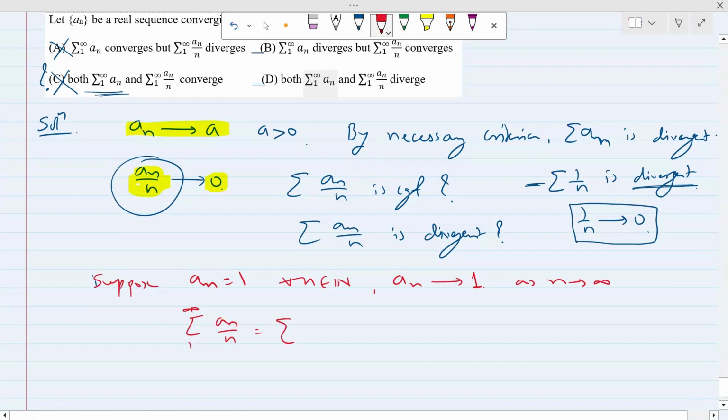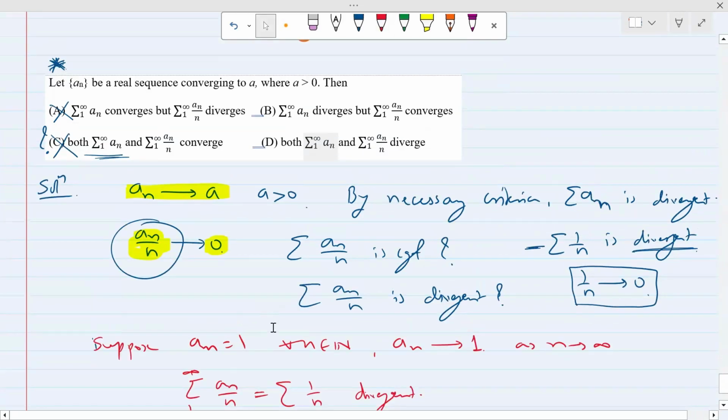It is divergent. So I have at least one counterexample wherein an satisfies the hypothesis of the problem and the series an by n is divergent.